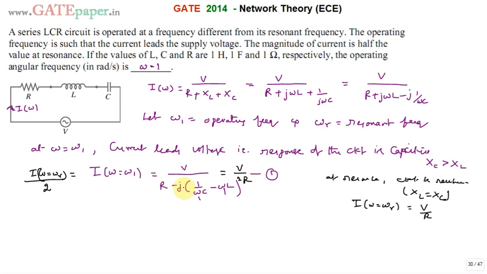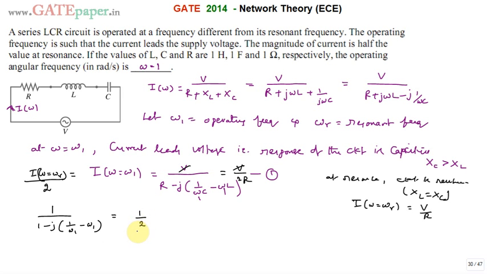So V by R minus j times of 1 by omega 1 C minus omega 1 L is equal to V by 2R. V gets cancelled, and we substitute the values of R, L, C and simplify the expression. Substituting the values, 1 by 1 minus j times of 1 by omega 1 minus omega 1 is equal to 1 by 2.